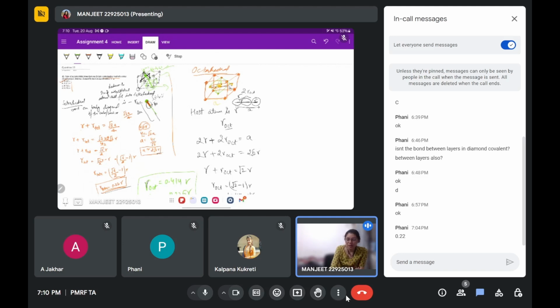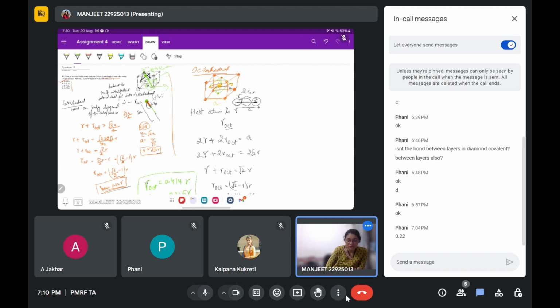Same for the octahedral. If you go with this one, you know these are at the same distance, on the same line as the lattice parameter A. So the total distance will be A, because they are closely packed.